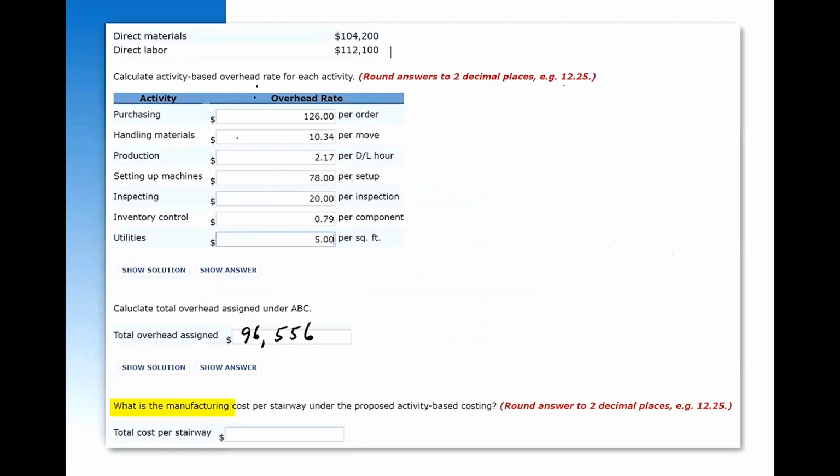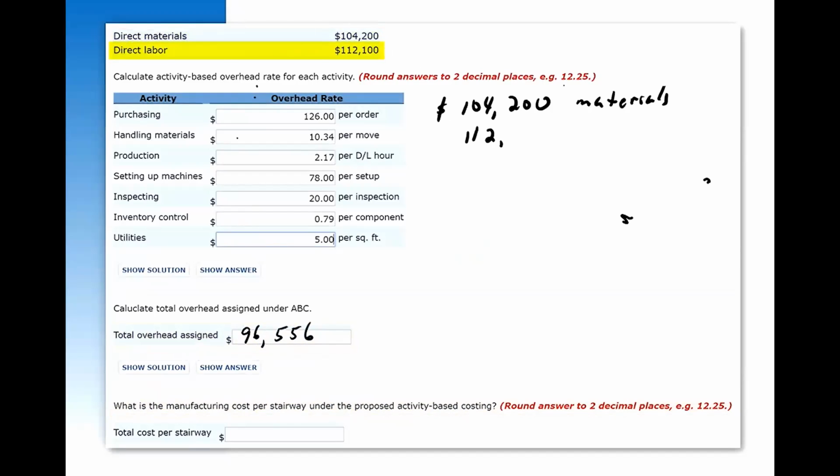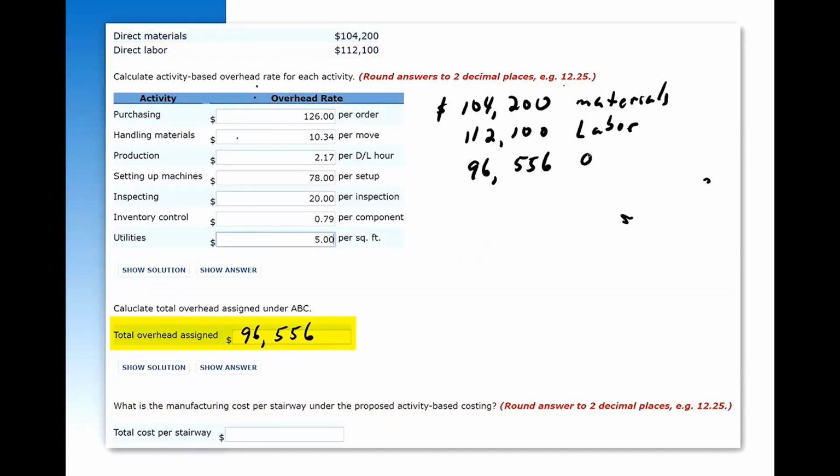The next part of this problem asks us, what is the manufacturing cost per stairway under the proposed activity-based costing? So to do this, we will add together, first of all, the materials, labor, and overhead. So the materials we can see is 104,200, so that's materials. The labor is 112,100, and the overhead we calculated is 96,556.